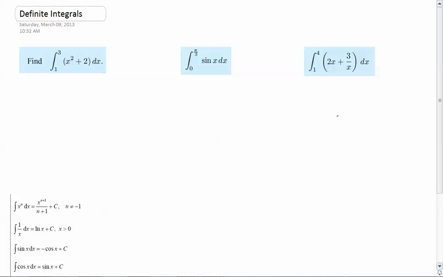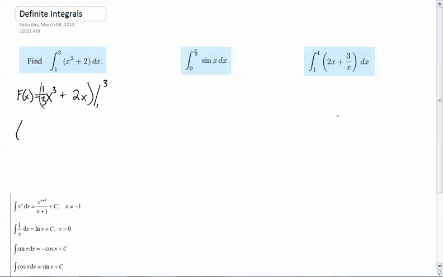So we take the integral of the x squared, which is this right here. And as many of you know, that means it's going to become x to the third. So this is my f of x, so it's going to be x to the third, and then we put the 1/3 in front, and then we go plus, and the integral of 2, that would be 2x to the 0, which means we're going to make it 2x, and all of this needs to be evaluated from 1 to 3.